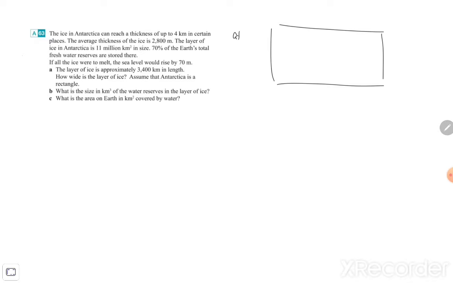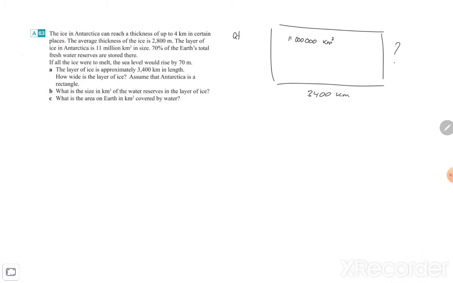What do we know? That the total area of the rectangle is 11 million, so with 6 zeros, square kilometers. The length is already 3,400 kilometers.